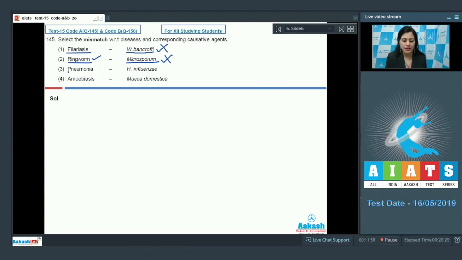The next match given is pneumonia, and the match given is H. influenzae, and as it is also a correct match, this cannot be a correct answer to our question. H. influenzae, which stands for Haemophilus influenzae, is a causative agent of pneumonia, which is a bacterial disease. The last match given is amoebiasis, and the match given is Musca domestica, and as it is an incorrect match, this is a correct answer to our question, because amoebiasis or amoebic dysentery is a protozoan disease which is caused by Entamoeba histolytica.